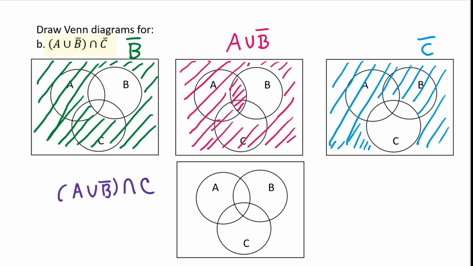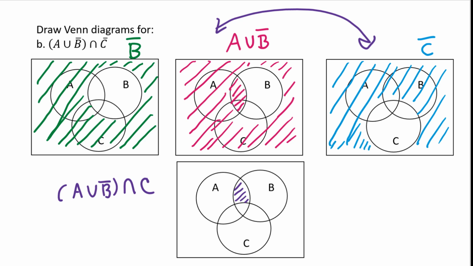That means I want to look at these two Venn diagrams and get the points where there is blue and the pink, where it is shaded together because of the intersection symbol. We notice that the only part that is common is the intersection of A and B, not including the C. Now let's continue to look.